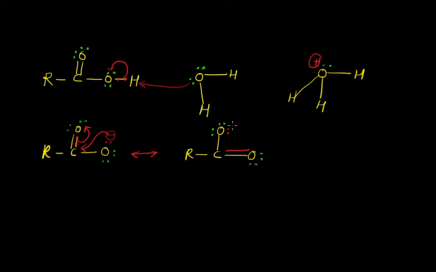So we need to write a negative charge on this oxygen. So the lone pair of electrons on this oxygen is stabilized through this resonance structure, and therefore the carboxylic acid is more acidic as compared to the alcohol.